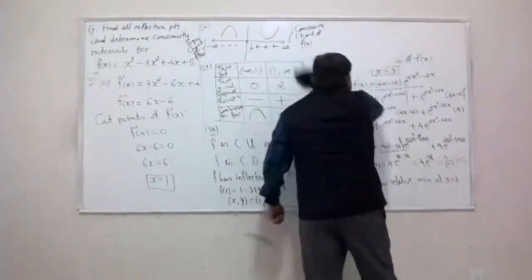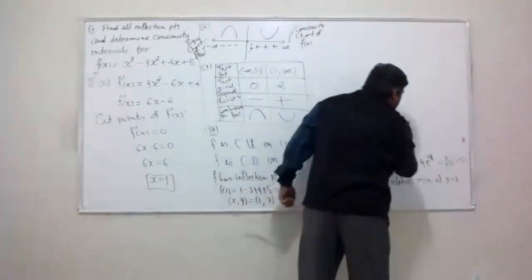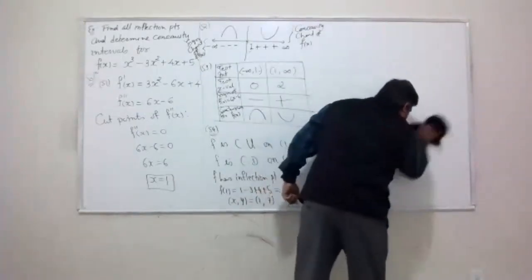Now let's move on and let's recall the idea about absolute extrema. I would like to give you one quick example here on how to compute absolute extrema of a function.